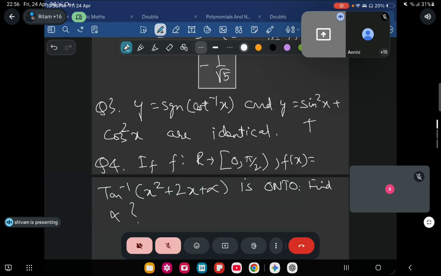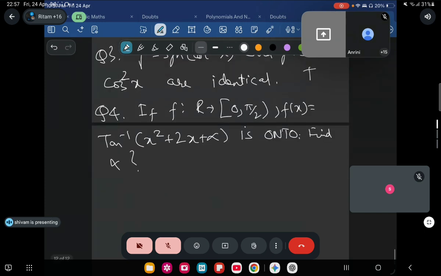Okay, so everyone pay attention. If tan inverse of x square plus 2x plus alpha is onto, what does it mean? Tell me. If a function is onto, what can we say about that function? Okay, Ahir, check your answer again. Adrija, right answer.